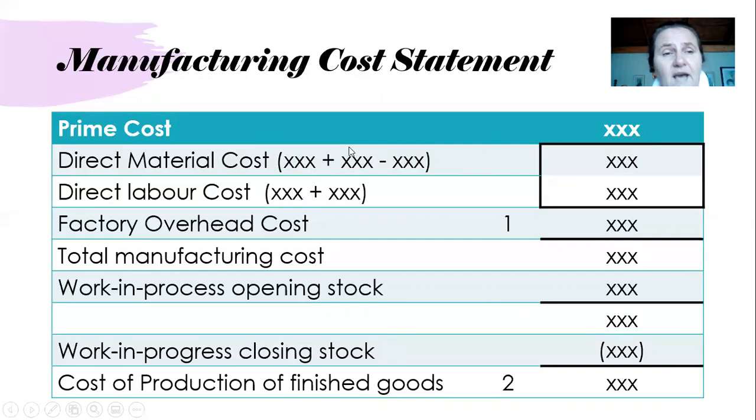You can start with direct material cost and then direct labor cost and then show your prime cost. However, I like this method more, where I've got the two prime costs added together, and then I'm adding my factory overheads. These are often not done as notes. They're often done on the face of the production cost statement or manufacturing cost statement, same thing.